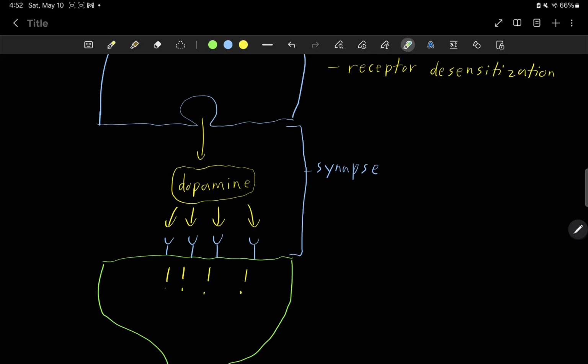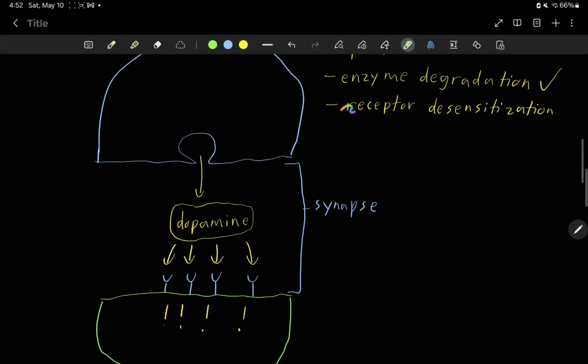So if we somehow deactivate or get rid of or do something to these receptors, then dopamine can no longer bind onto them because there's no receptors to bind to. And if it can't bind onto the receptors, it can't produce a response. That's how receptor desensitization works. It acts on these receptors to prevent dopamine binding and prevent response, and it does this to keep responses under control.